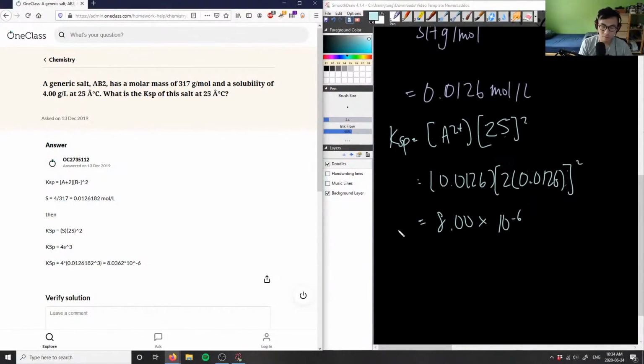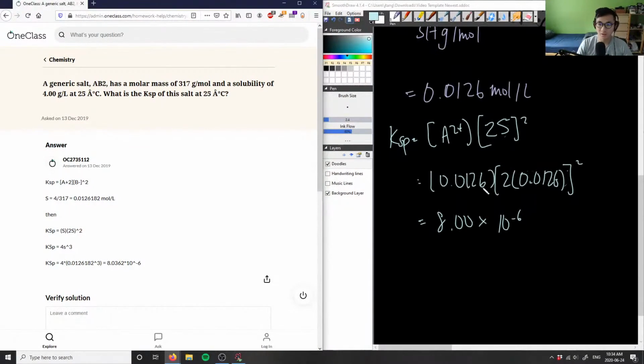So 8.00 times 10 to the negative 6. I think they did the math slightly off, or maybe they actually kept more decimals, which is probably better in this case. So let me keep a little more decimals and see if that changes our answer in terms of rounding. And it would.